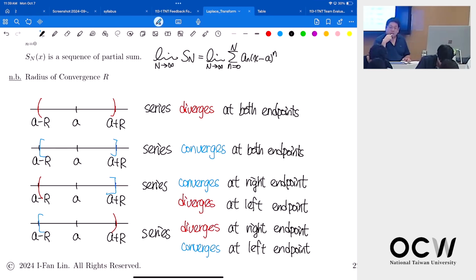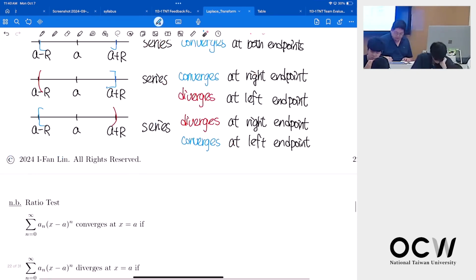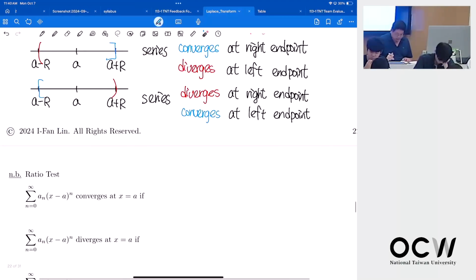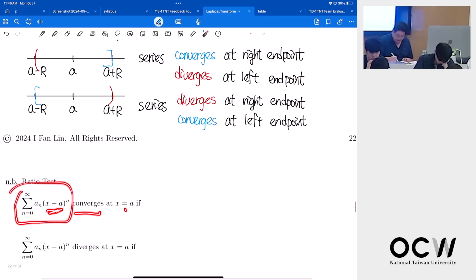So next, how do we know whether this series converges or diverges? We have the ratio test. So here's the ratio test. We say that this series converges at x equals a, or diverges at x equals a.